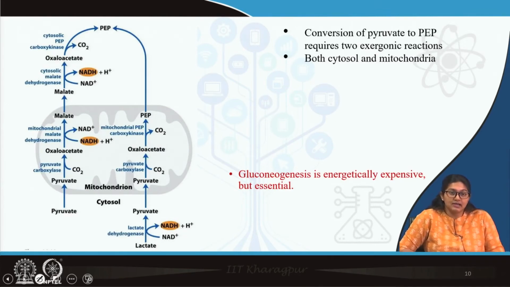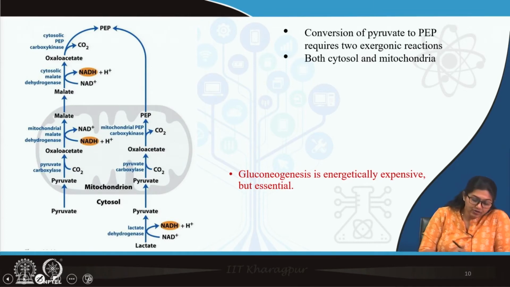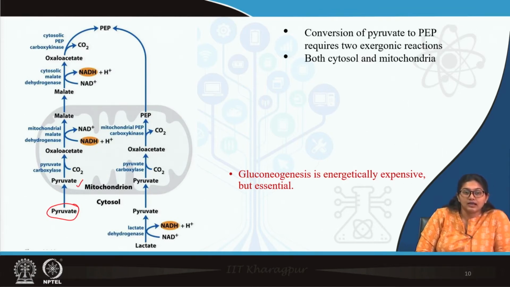So, you can see pyruvate enters mitochondria. Inside mitochondria, the first enzyme is present, which is pyruvate carboxylase.